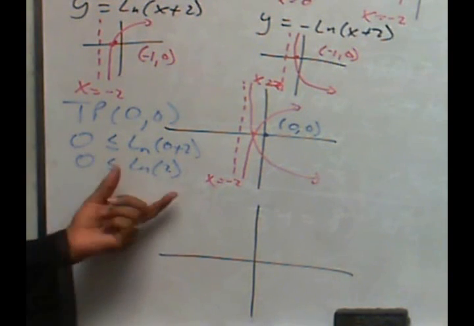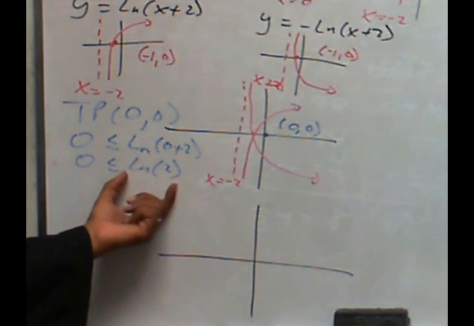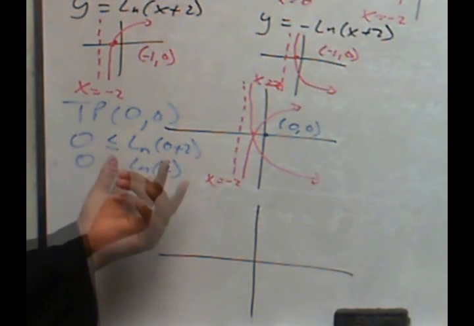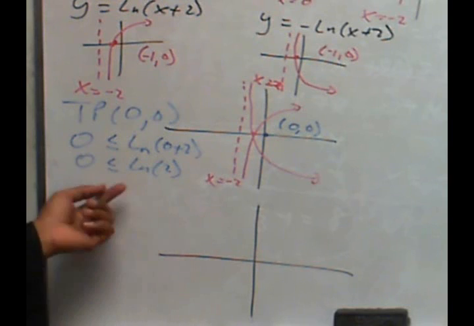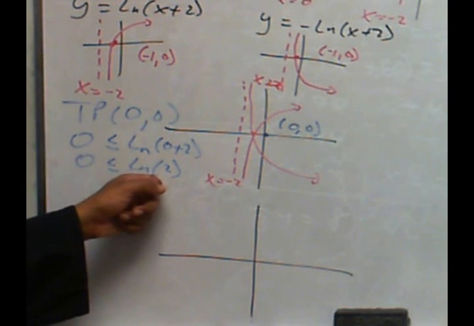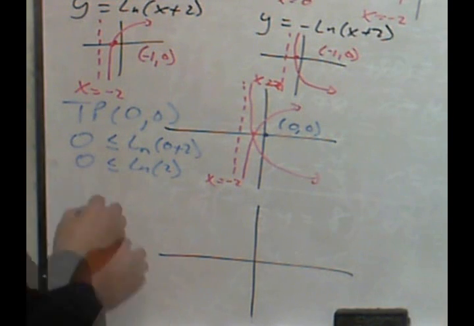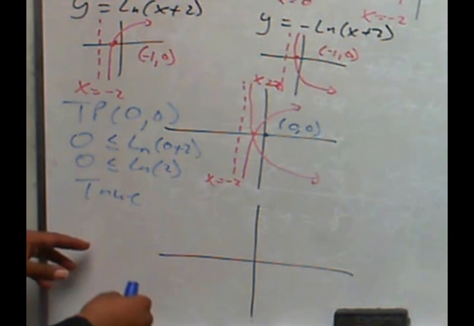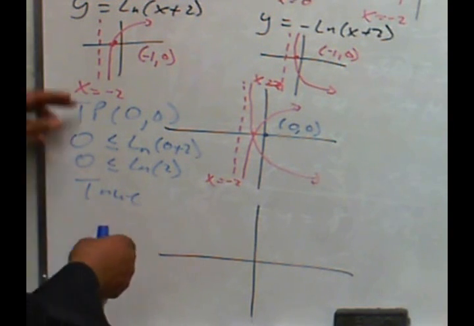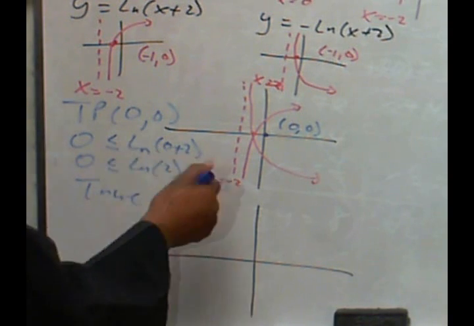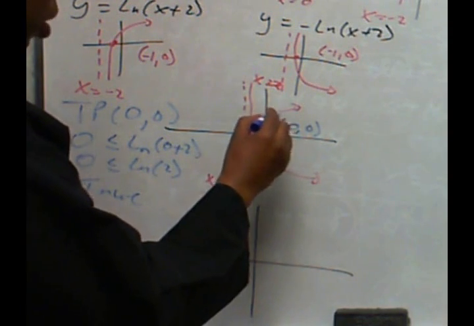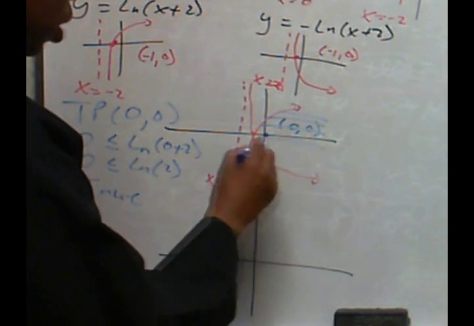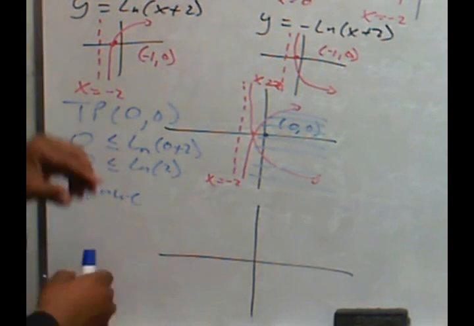And I know the domain of a natural log function. When you put anything in, it's going to be a positive answer, so this positive answer will be bigger than 0. So this is true. So I'm going to shade toward the point (0, 0) for this line right here. So this will be right there. All that shading.